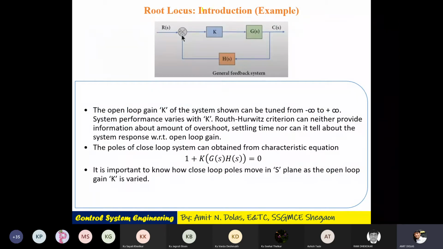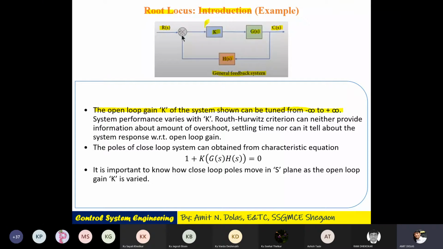Then again, an introductory example of this root locus. I have a system. It is of course a feedback or closed loop system. K is the overall gain of the system. G(s) is the open loop transfer function, and H(s) is the feedback, where R(s) is the excitation or input and C(s) is the output. The open loop gain K of the system shown can be tuned from minus infinity to infinity.